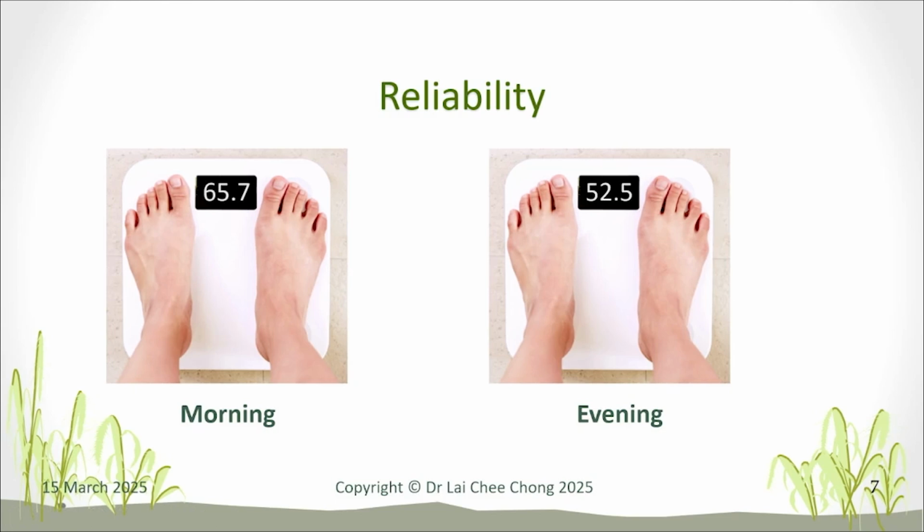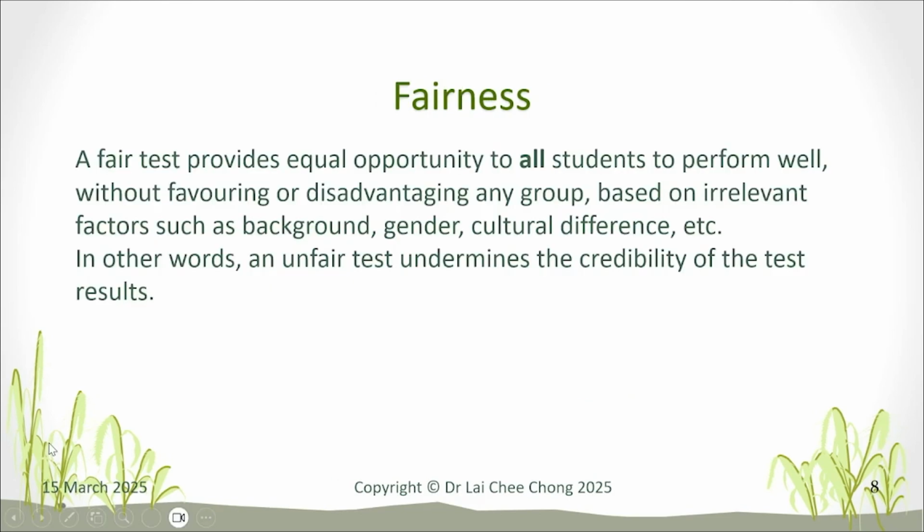Okay. Now, the test must be fair. That's one of the things we have to be very careful about, being fair. Sometimes we may overlook it. It must provide equal opportunity to all students to perform well, not favoring or disadvantaging any group. For example, the background.